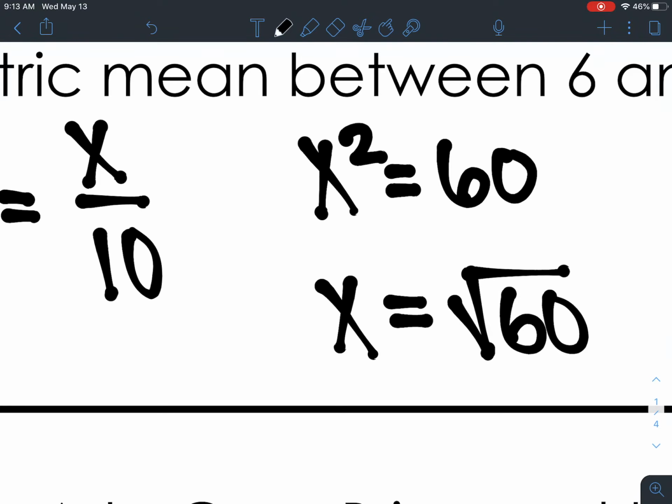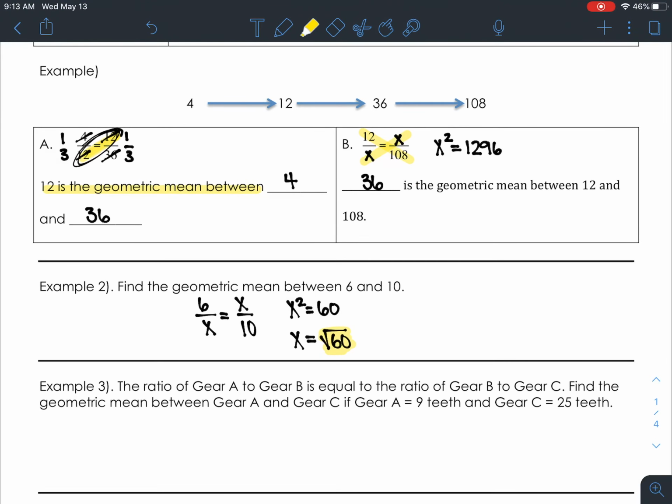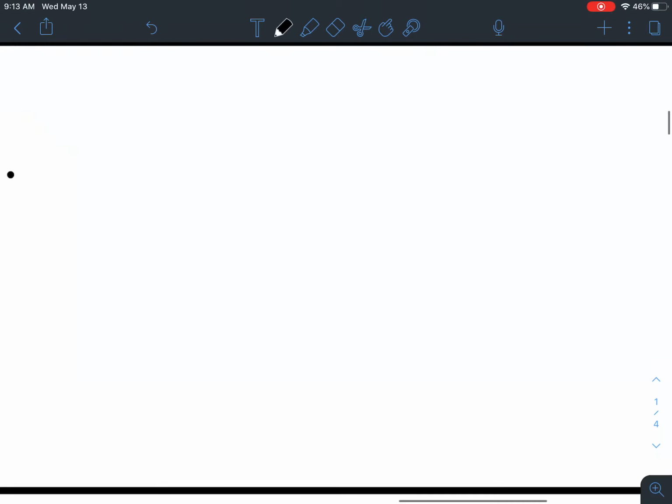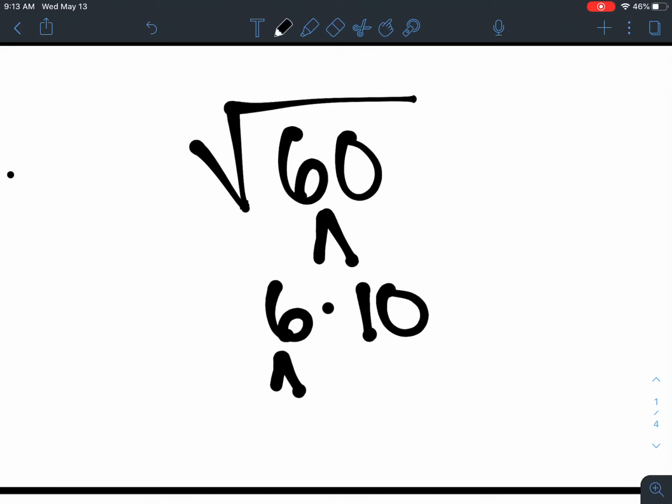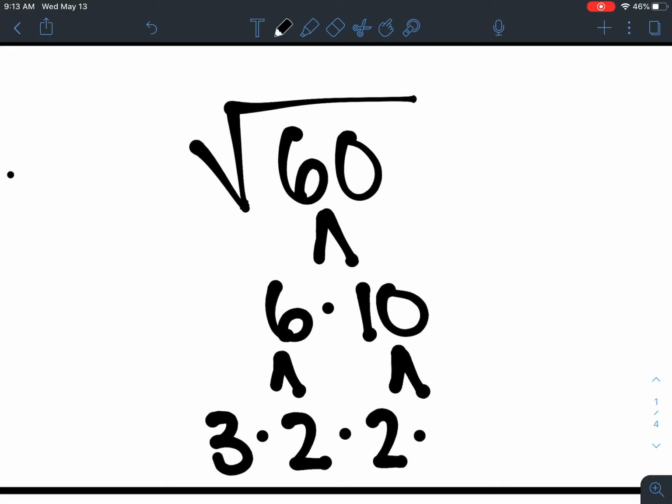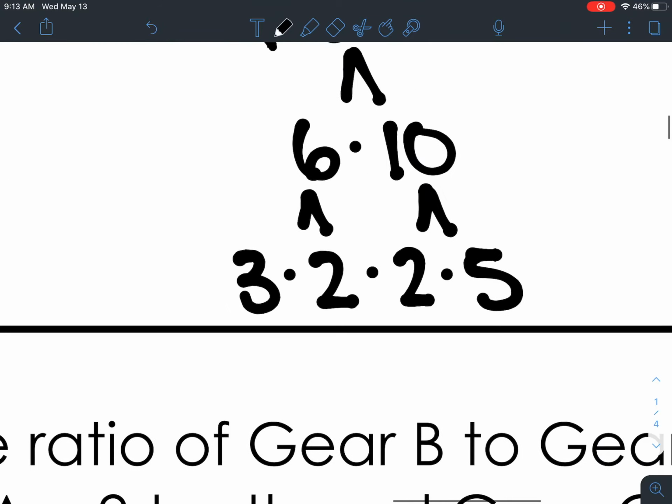Now we have to reduce our square roots, and I know we went over this in class. I'm going to quickly go over how I do it. This is how I teach it in algebra, where I'm going to break things down into factor trees. So the square root of 60 breaks down into, and it can be any two numbers, so let's do 6 times 10. 6 breaks down into 3 times 2. 10 breaks down into 2 times 5. So what you're looking for are doubles of the same number.